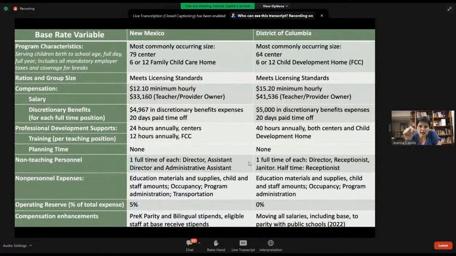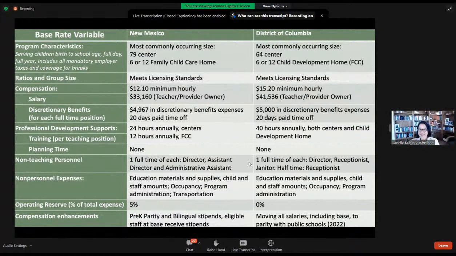And I have to double check whether the current funding of the legislation includes just pay or if it also includes discretionary benefits. I'm not 100% positive that what has been funded at this point includes both. It is ultimately their goal for it to include both. And again, they are in better shape in both states because they are actually requiring discretionary benefits, which is not typical in any early care and ed setting.